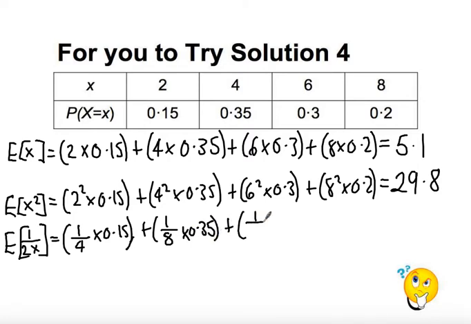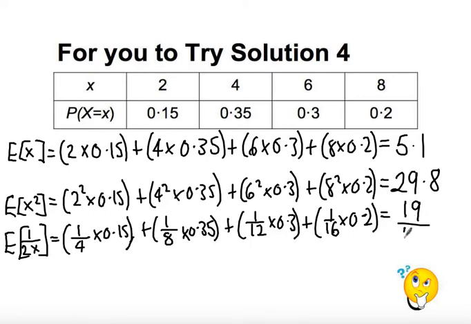Plus 1 over 2 times 6, so 1 over 12, times 0.3. Plus 1 over 2 times 8, so I get 1 over 16, times 0.2. Let's plug this into our calculator and evaluate it, and hopefully you've got an answer that is equivalent to 19 over 160.